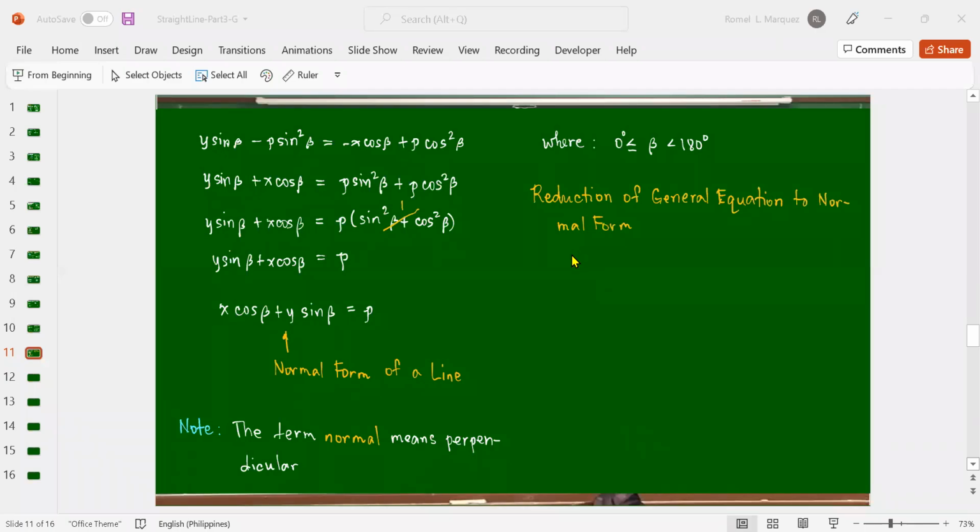So again, for reduction of the general equation to normal form, this is the rule.